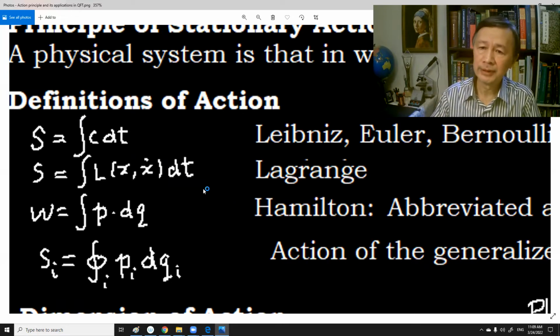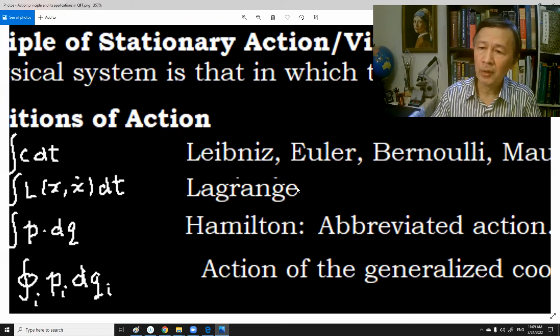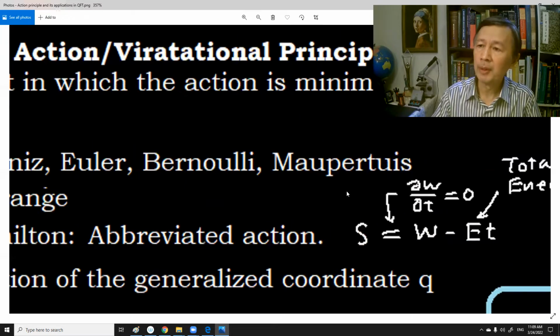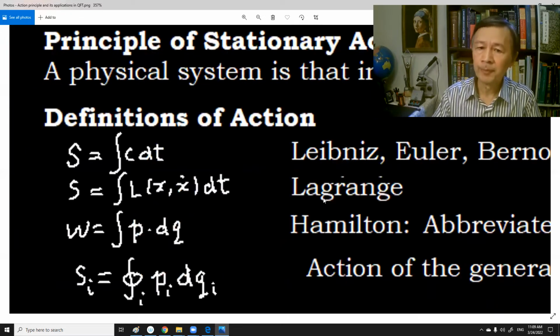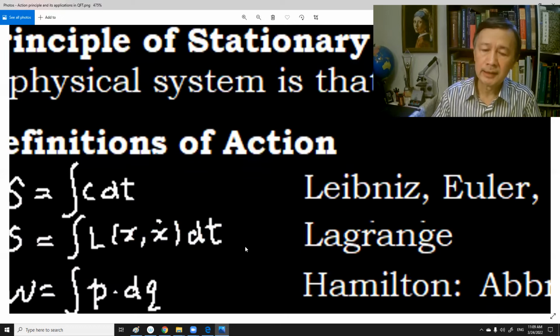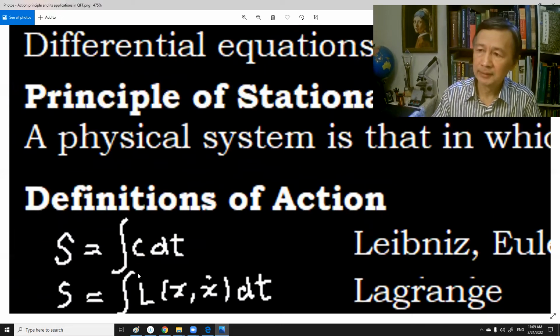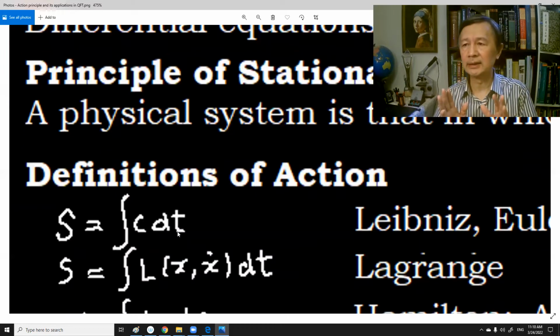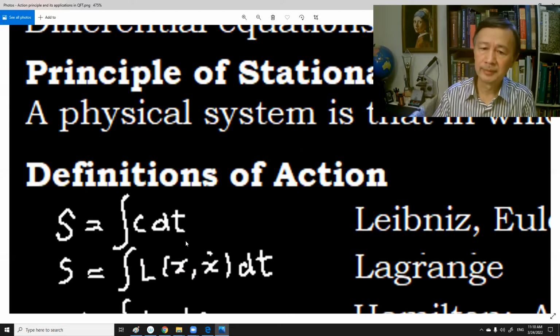So therefore, Leibniz, Huygens, Bernoulli, and Maupertuis all argued that maybe we can focus on this product and its path integral, namely the light speed c and dt. So that is the early idea about action.